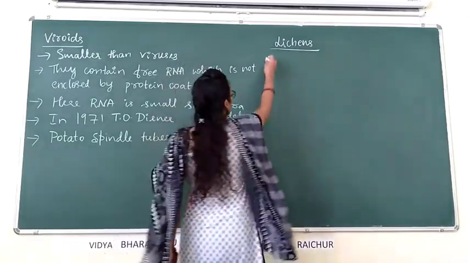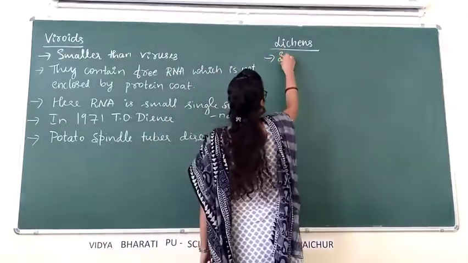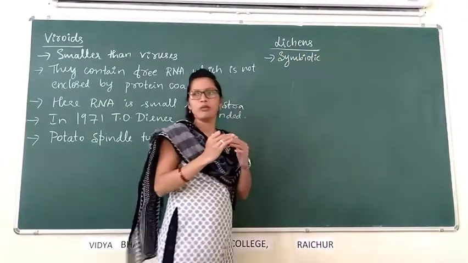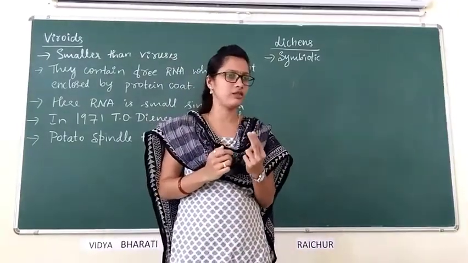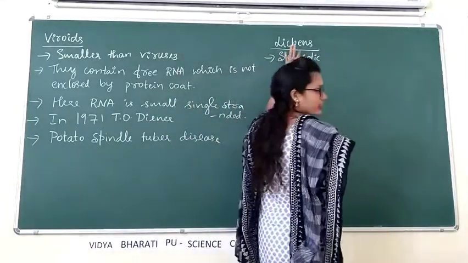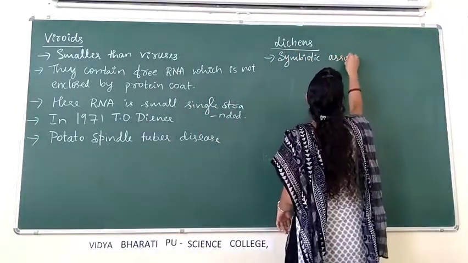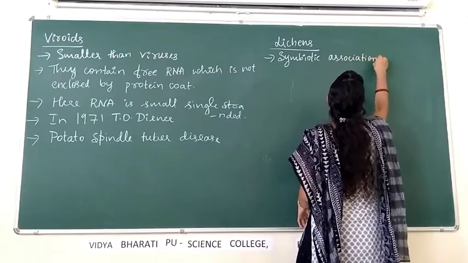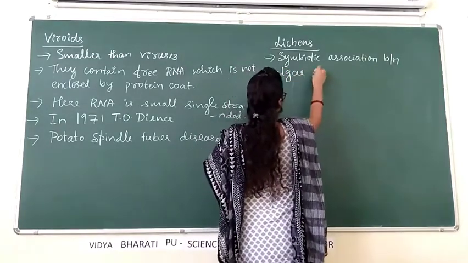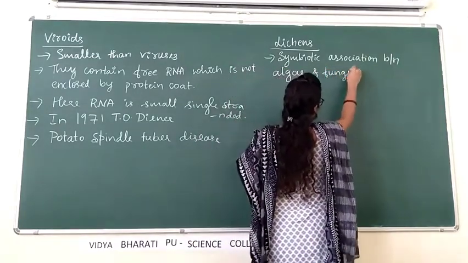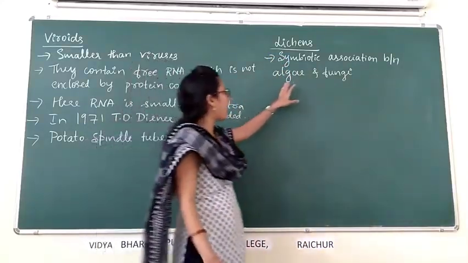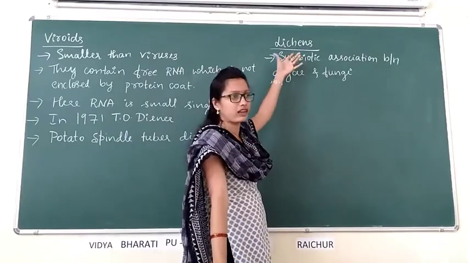Symbiotic association means mutual; here two partners are there, and both partners are benefited. Symbiotic association between algae and fungi is called lichen.